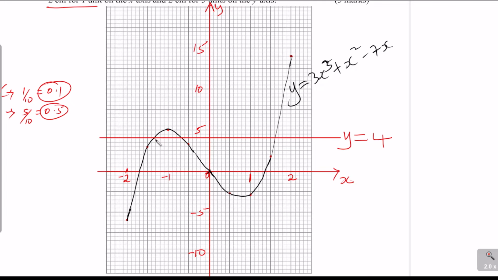So read this point here. You can simply draw a straight line from this point, drop down like that, and also this is the one here. The other one there, and also the other one there.